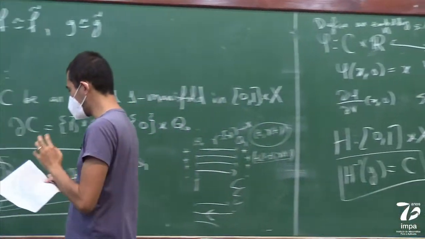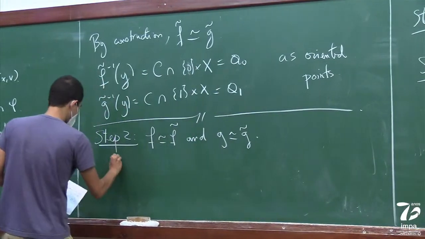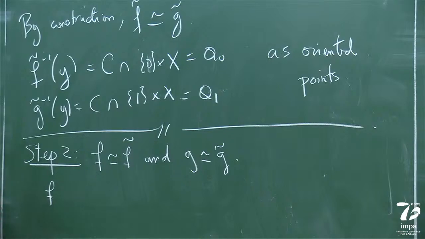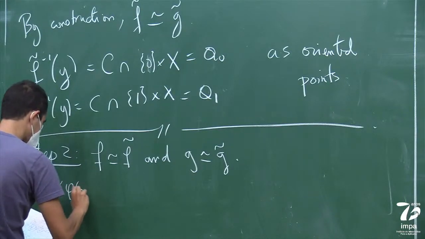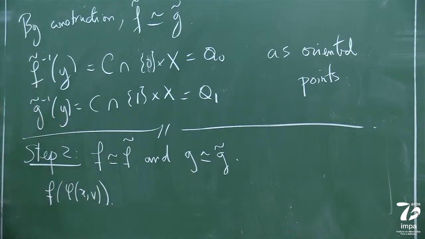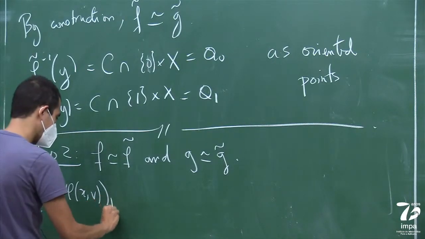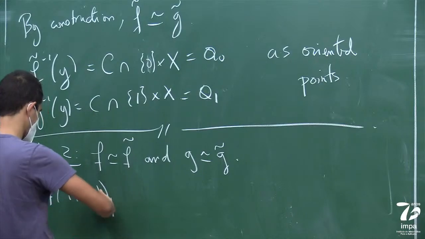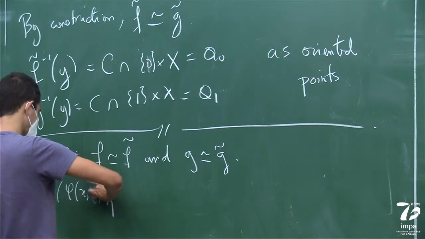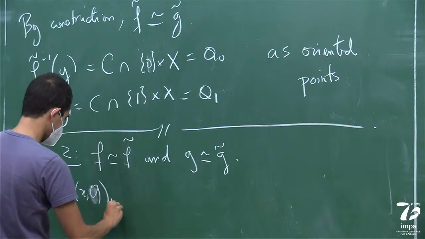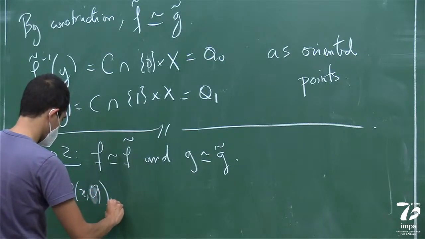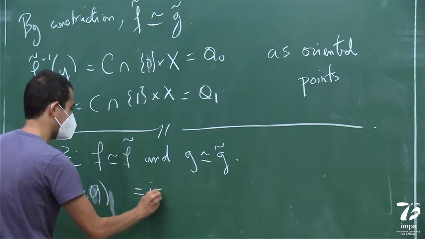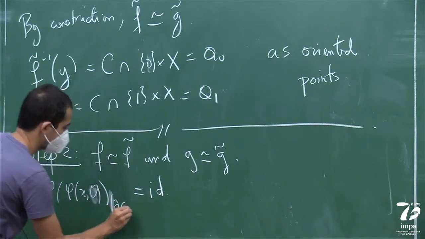I want to choose this embedding so that when I look at f of phi of x, v, the derivative of this with respect to v at v equals 0, I'd like this to be the identity, basically, on the boundary of C.